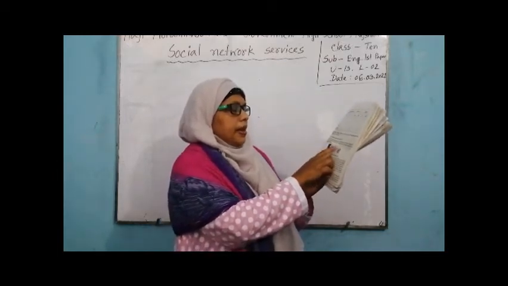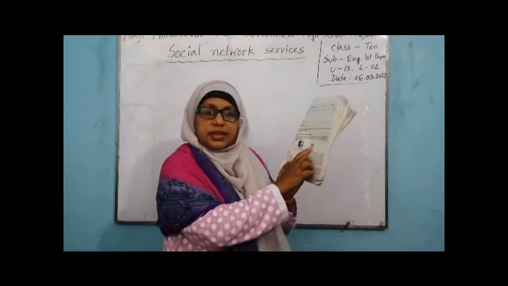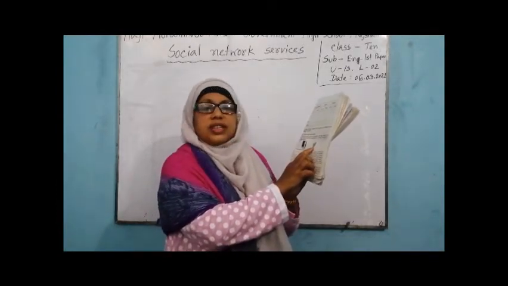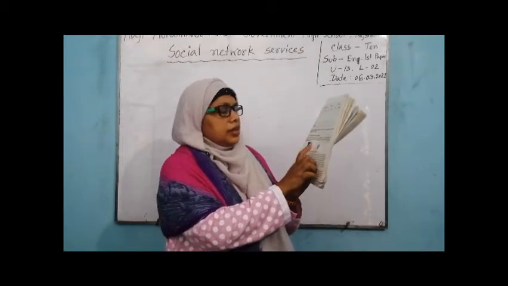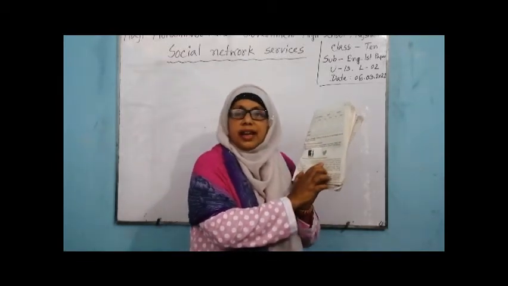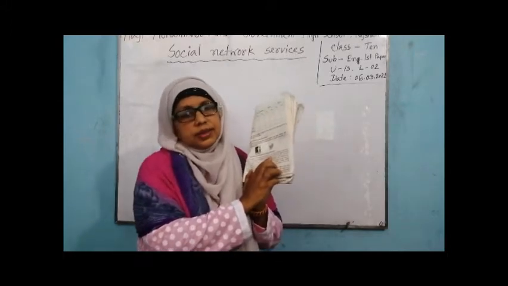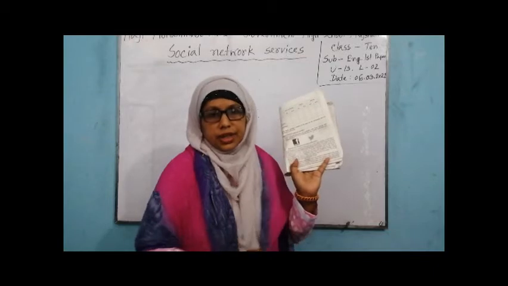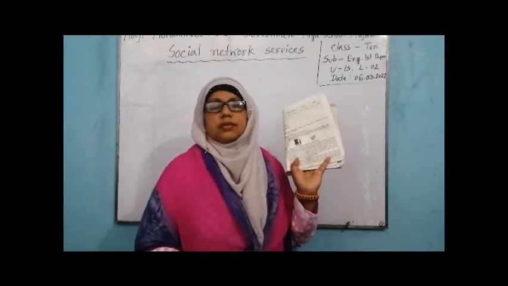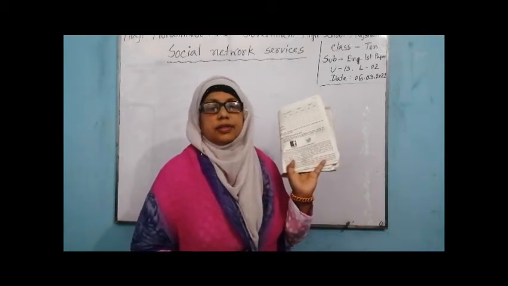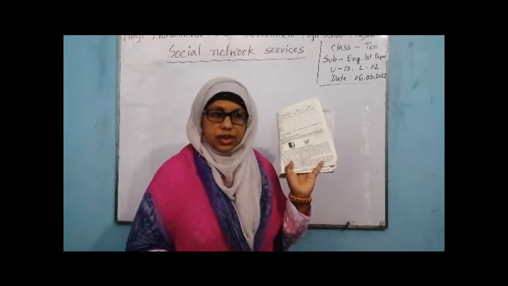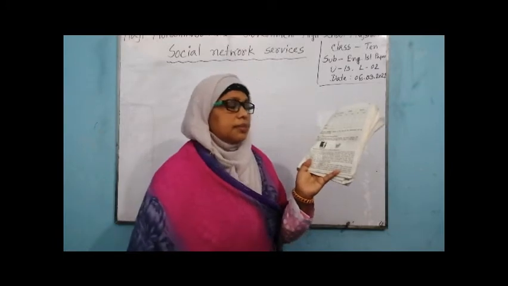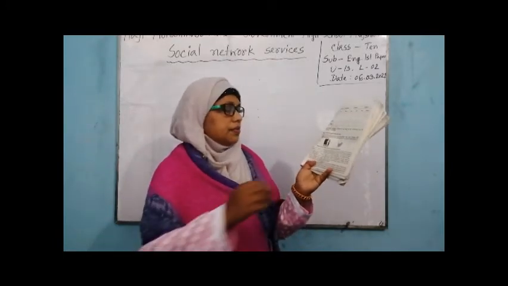And how are they related to the field of e-communication? Actually, they are social networks and they help people to contact or communicate worldwide. Not only in the country, in all the world. That means worldwide connection.